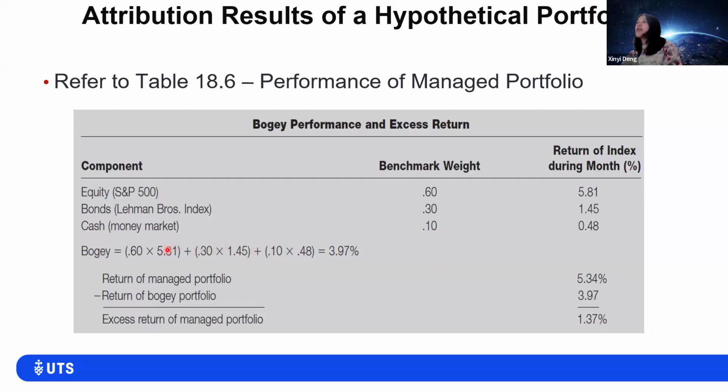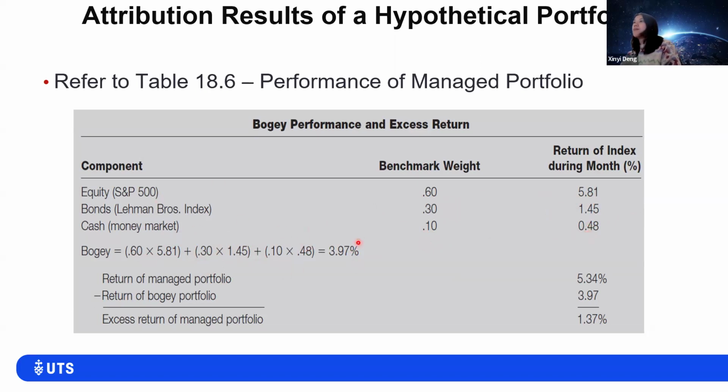So the return on the bogey is calculated as 0.6 times the index return of 5.81, plus 0.3 times the bond index return of 1.45, plus 0.1 times the money market return of 0.48.